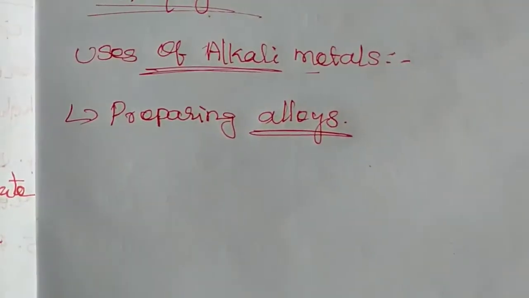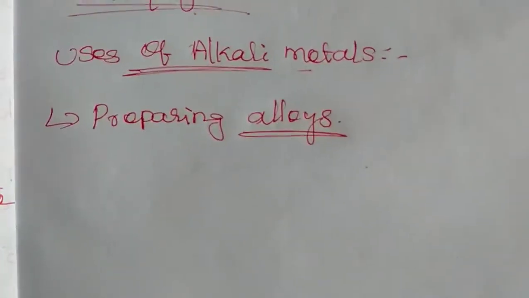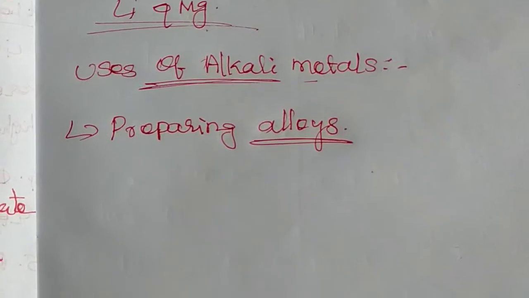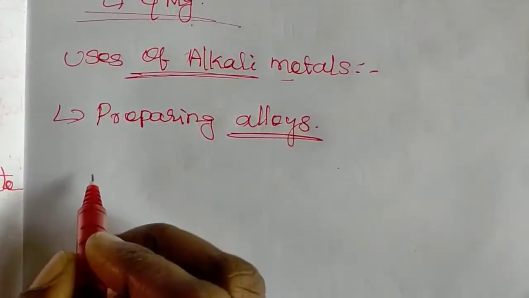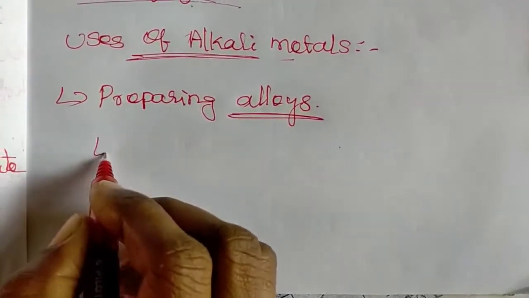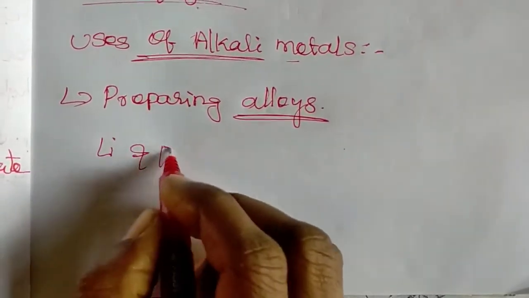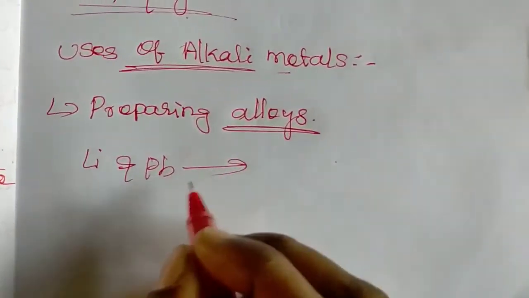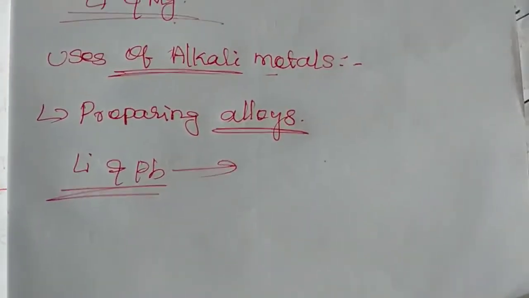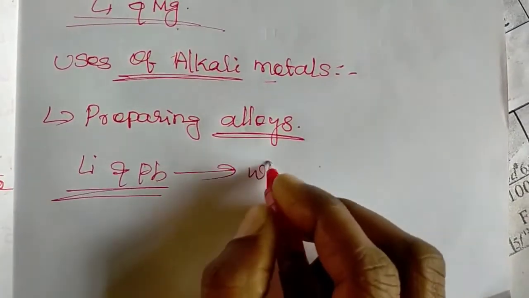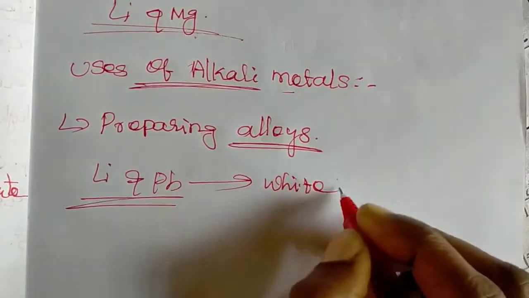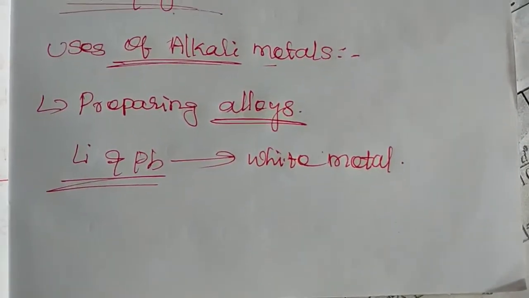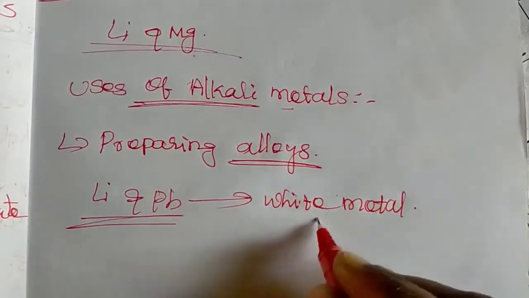Alloys means a combination of two or more metals. For example, lithium combined with lead is white metal, which we use for motor engines.